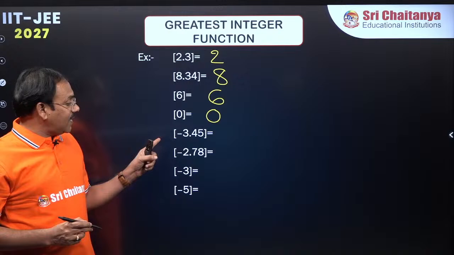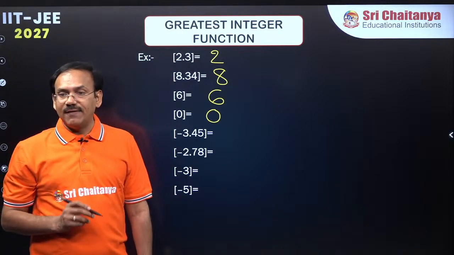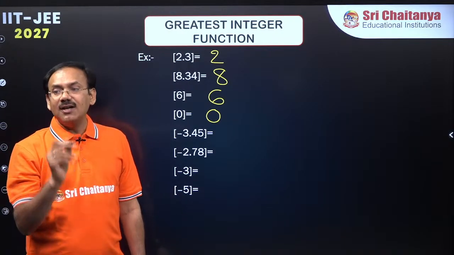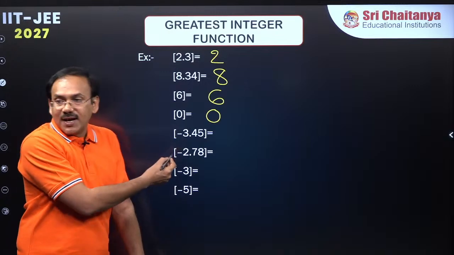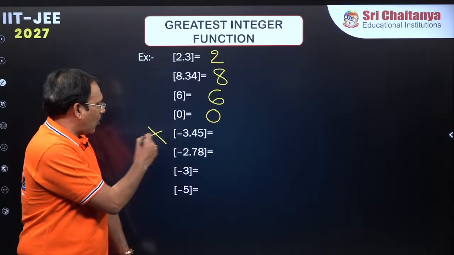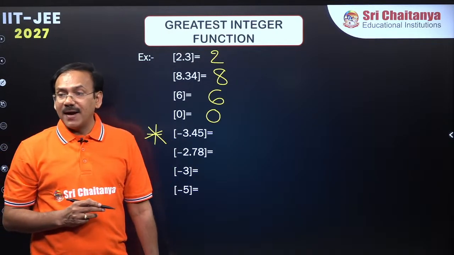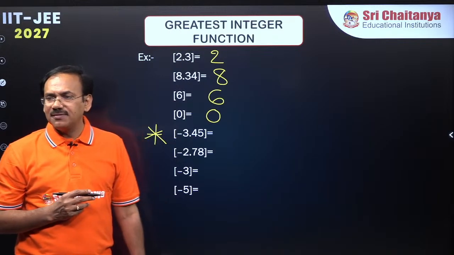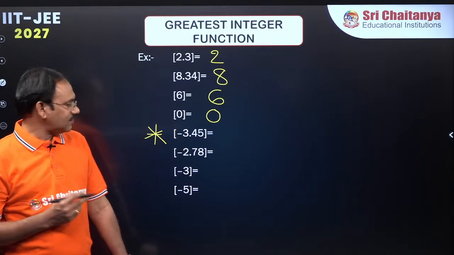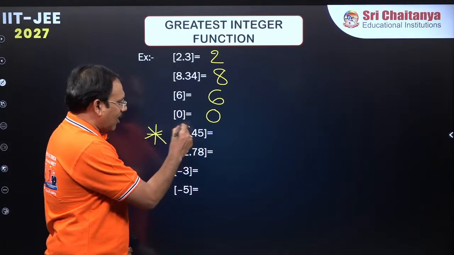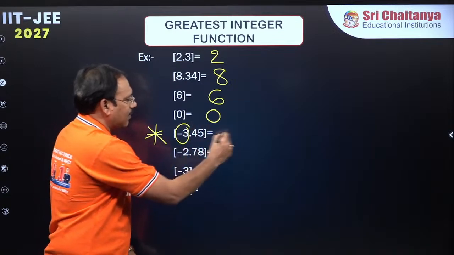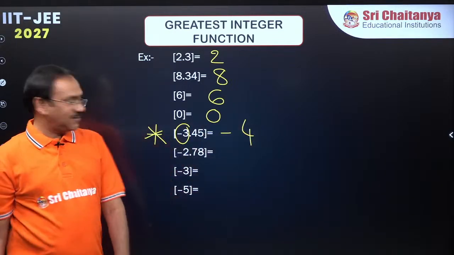Step of minus 3.45, a negative non-integer. What is its answer? Yes, negative non-integer, its before number, minus 4 is the answer.